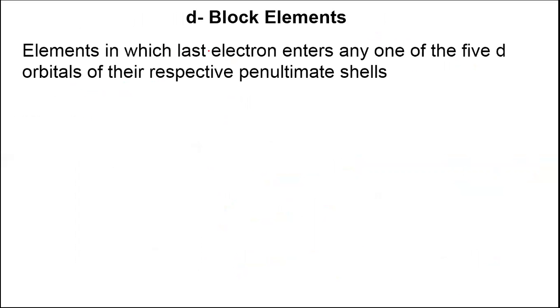Now we will discuss D block elements. Elements in which last electron enters in any one of the 5 d orbitals of their respective penultimate shell are known as d block elements.